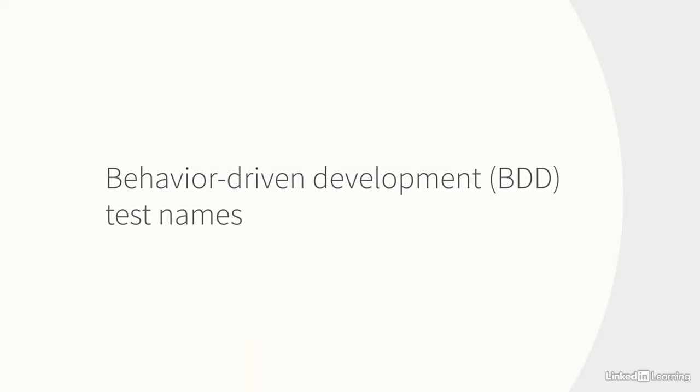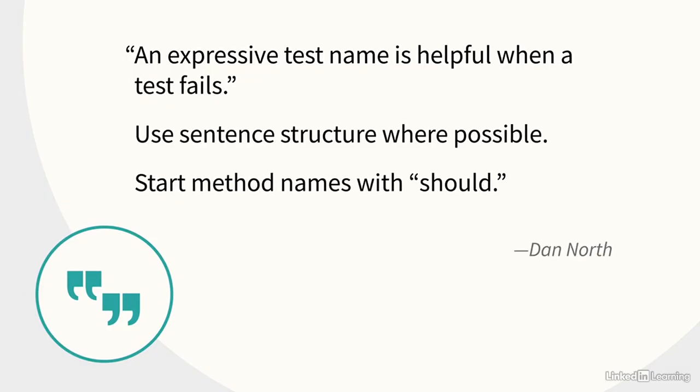Another popular approach to naming test methods comes from the behavior-driven development, or BDD world. The concept of BDD was introduced by Dan North as an improvement on test-driven development and as a means of clearing confusion between testers, developers, and stakeholders. He had some thoughts on unit test names, including these 3 nuggets. First, an expressive test name is helpful when a test fails.